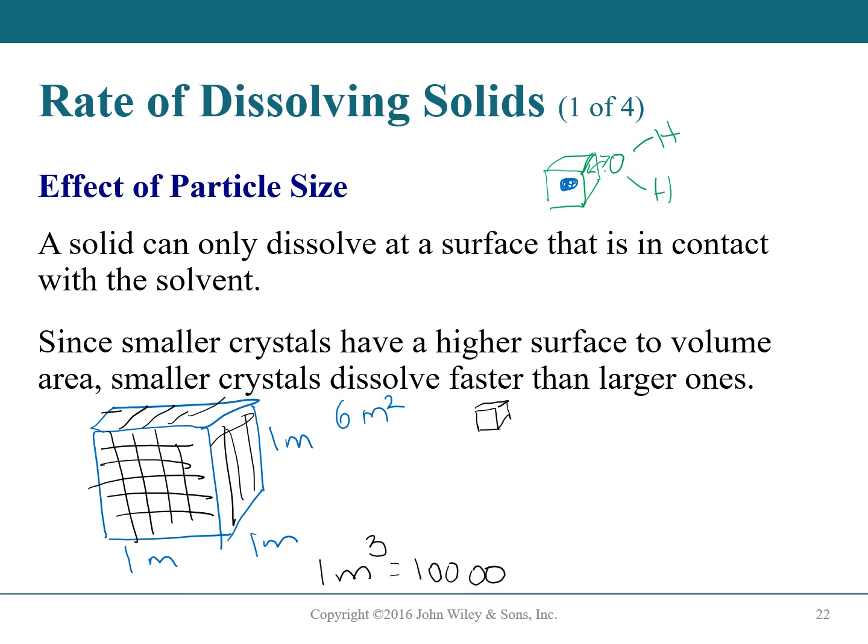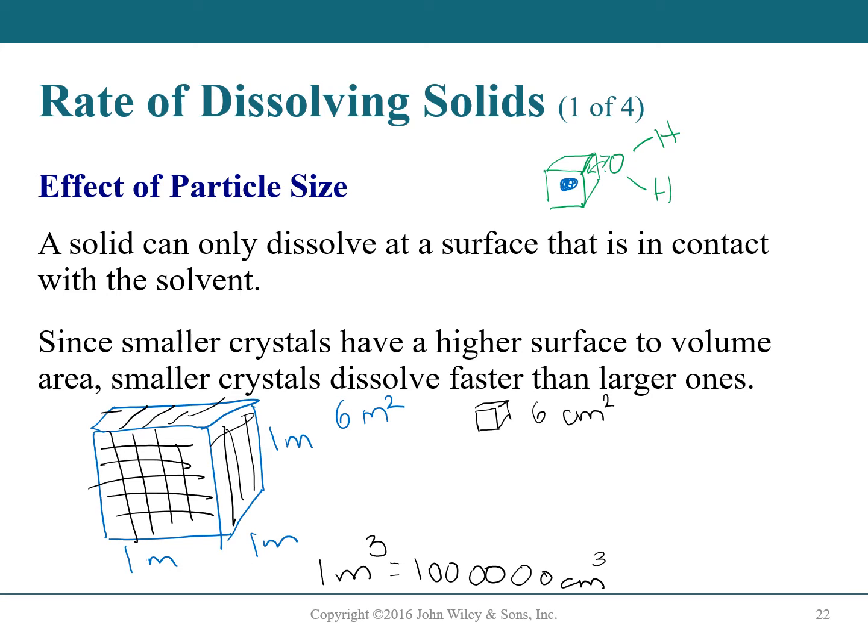No, more than that, because I have the interior ones too. So if I look at 1 cubic meter, it should be 1,000,000 cubic centimeters. If I look at 1 cubic centimeter, then the surface area is 6 square centimeters.